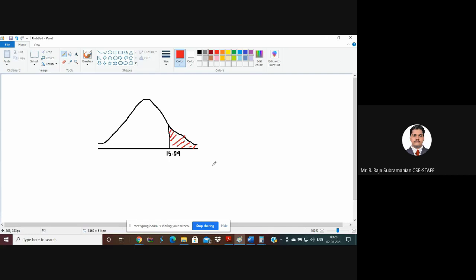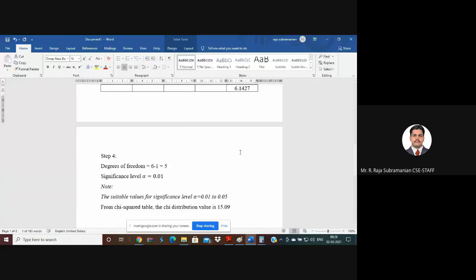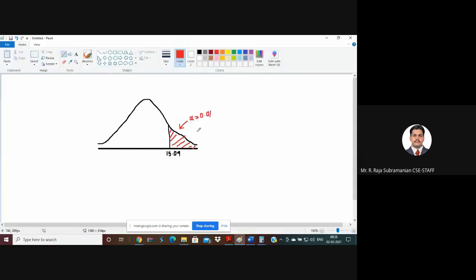In this range we have the red region, and in this range we have the white region. And the significance level we have here is alpha equal to 0.01. Very good significance level. That is 99% confidence we have in saying this particular result. So now you say whether 6.1427 will lie in the white region or in the red region.